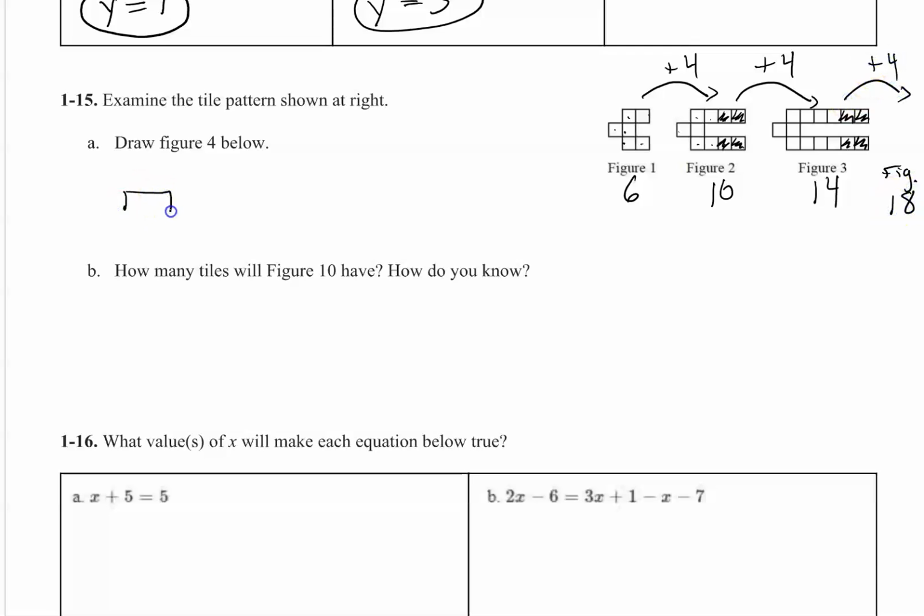So figure 4, let's draw it below. It's going to have 2 tiles right here, and then it's going to have these little arms that come out. And you notice 2 new tiles get added on each arm for the next figure. So we have 1, 2, 3, 4, 5, 6 in that one. 1, 2, 3, 4, 5, 6.